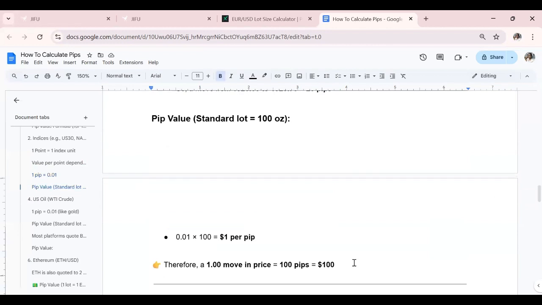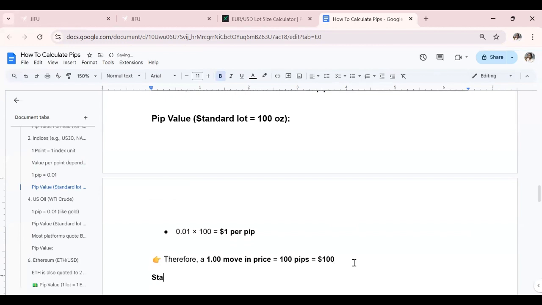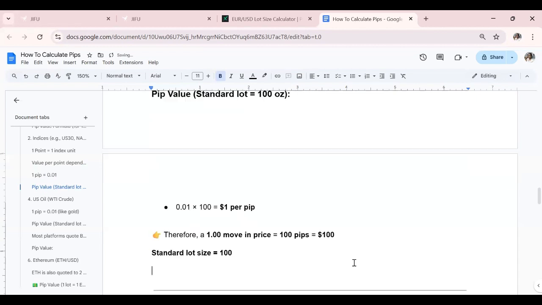Not really. What don't you understand? Okay. So you have talked about a standard lot size in gold is 100 ounces, right? And one pip in gold is equal to 0.01.